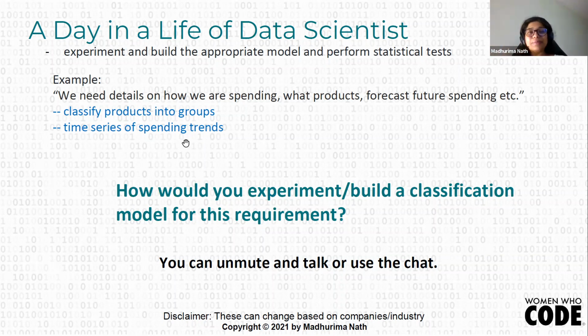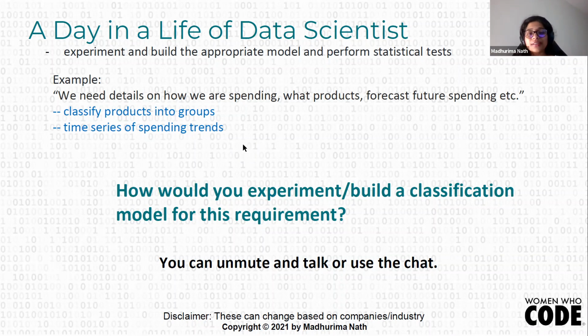If I go to a CPG company and say I want to classify it the ways I want, they will not listen to what I want. So of course you have to ask them. But my question was more about, once you know I have to classify it into this, how would you go from there to your final model? What are the questions that you need to ask before you open up your notebook and start coding?